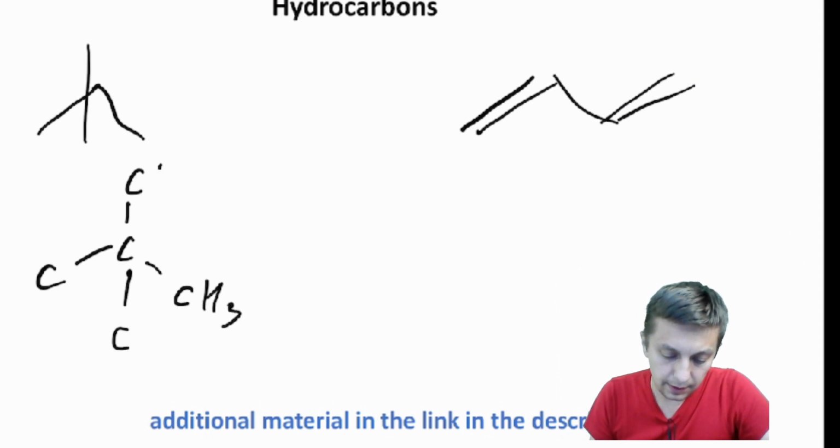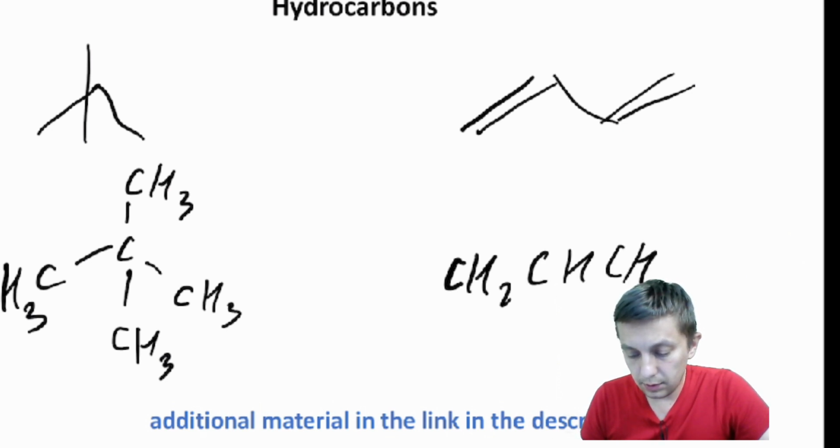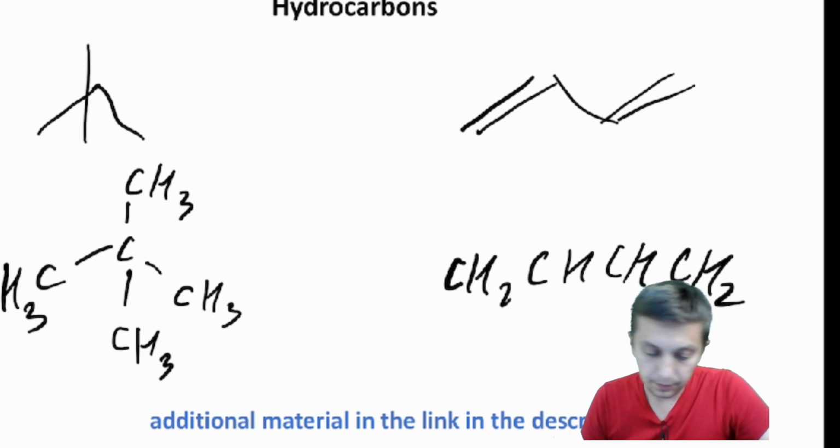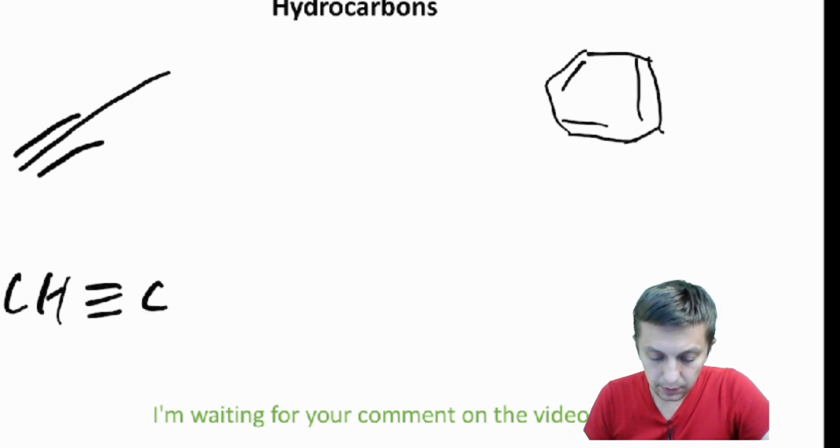I write the condensed formula CH3, CH3. If you have one or two or more double bonds, CH2, CH, CH, CH2. And with a triple bond, CH, triple bond, C.